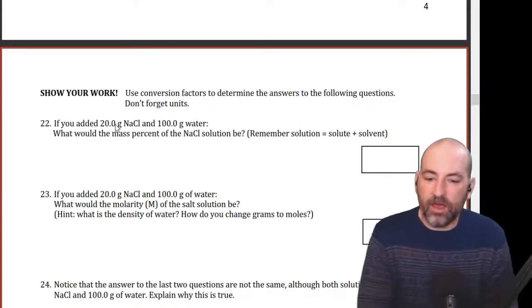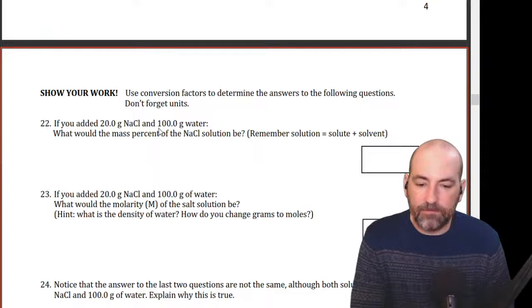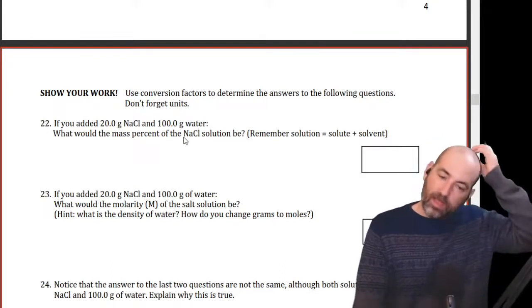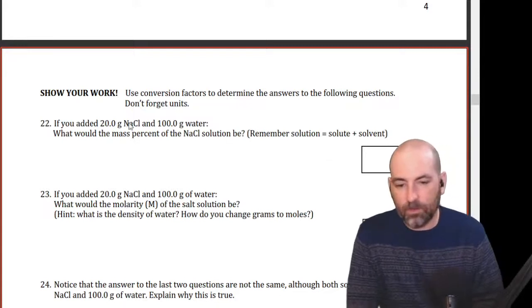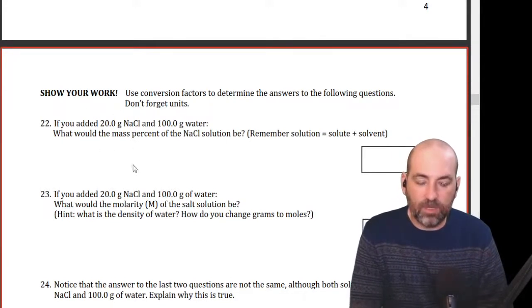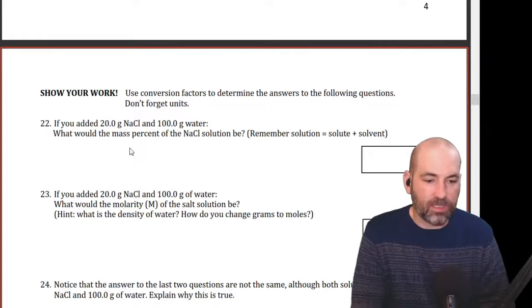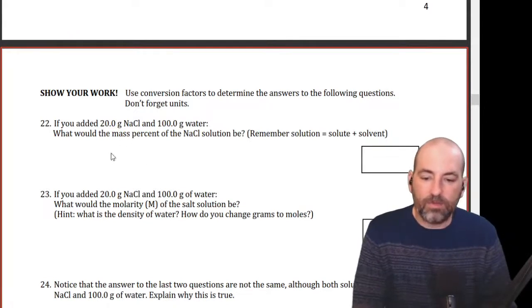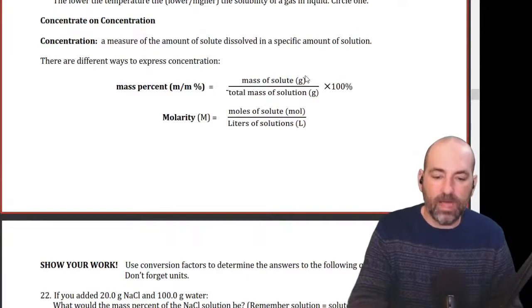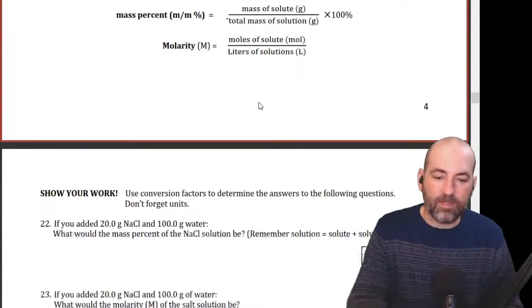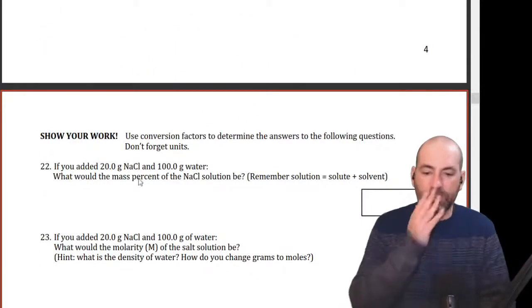So we're going to add 20 grams of sodium chloride and 100 grams of water, and we want to calculate the mass percent of the solution. So we want to know, of this solution, what is the percent that is solute, that is sodium chloride? To calculate that, we can go back to our equation here, and we can see that it is the mass of the solute divided by the total mass of the solution, and then that's a percentage.